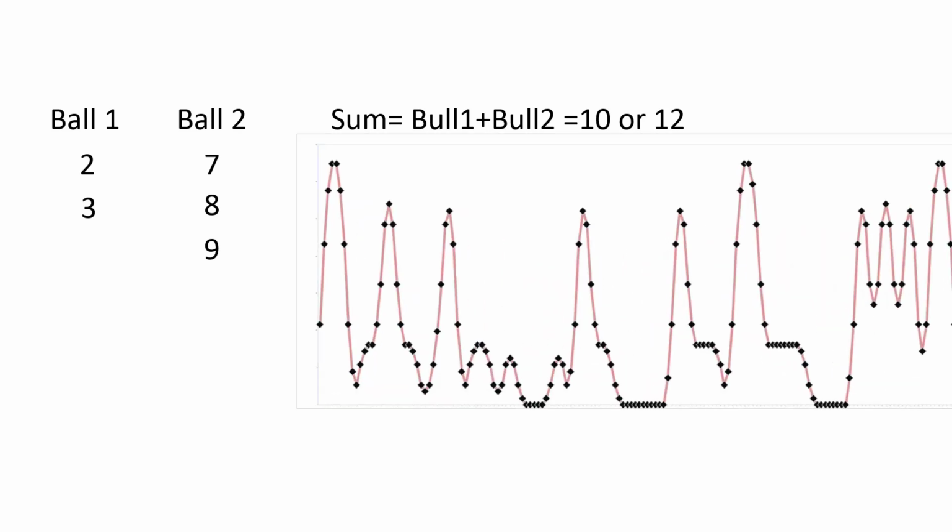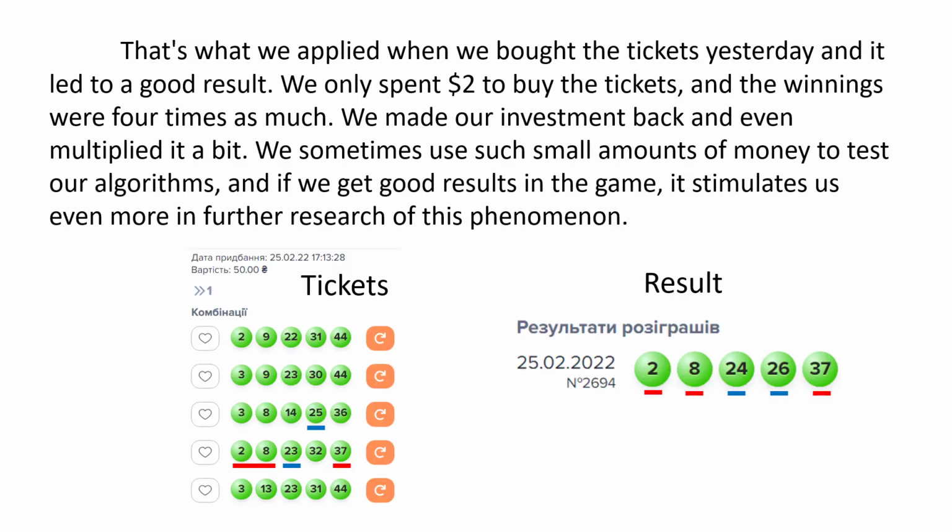And if it shows us that the sum of the first 2 balls is only possible 10 or 12, then we immediately realize that only certain ticket options of 2, 8 or 3, 9 or 3, 7 are possible. That's what we applied when we bought the tickets yesterday, and it led to a good result.